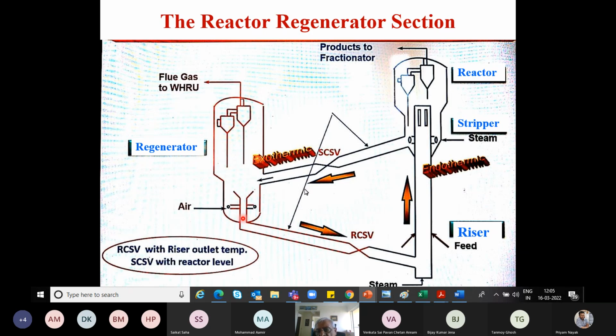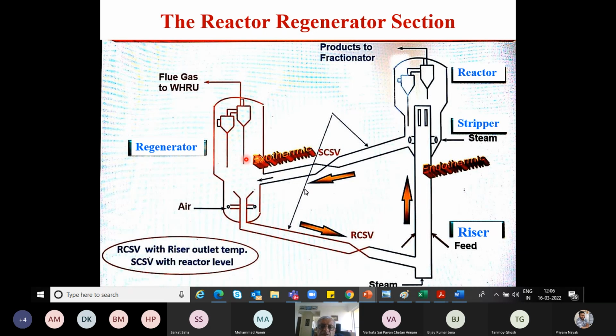And the heat carrying vector between these two is the catalyst itself. So the catalyst carries the heat from the regenerator to the riser to provide that endothermicity. And then the spent catalyst along with the carbon goes back into the regenerator to burn off the carbon. So as you can see, this is really a very innovative technology.